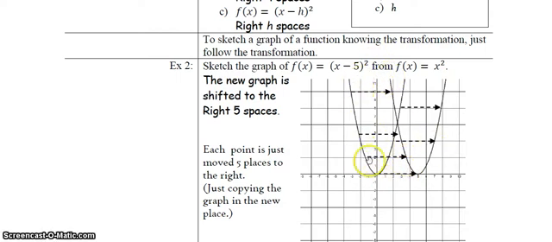So I'm going to copy this parabola over here. So the vertex, instead of being at 0, 0, is at 5, 0. Everything just copies in the new place. That's the advantage to this. Now we don't have to try a whole bunch of different points. We can look at this and say, I know this is 5 units to the right, so the vertex is at 5, 0. Done.